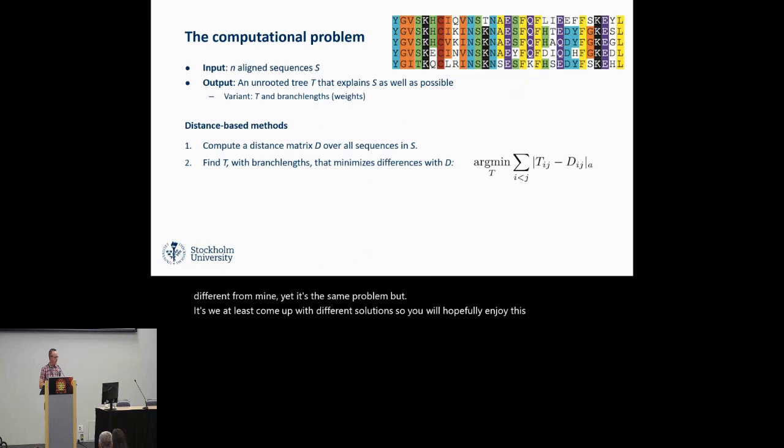Now, both Tandy and Sami have motivated this work nicely, I think. So maybe I should not spend so much time on this, but for various reasons, we sometimes want to work with distance-based methods when inferring phylogenies. Everyone knows that these methods suck. Rather, if you want to do phylogeny, you use probabilistic methods, but these things are useful anyway.